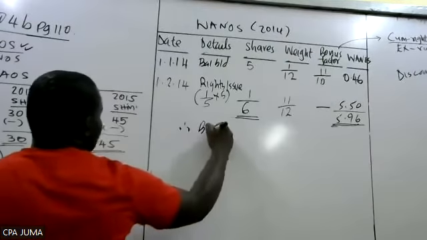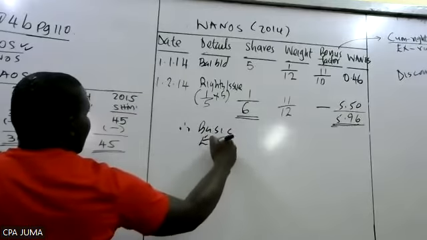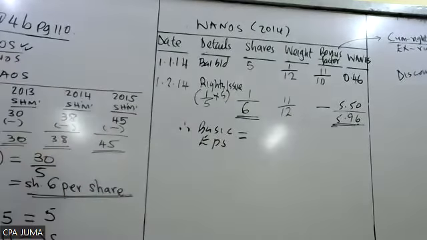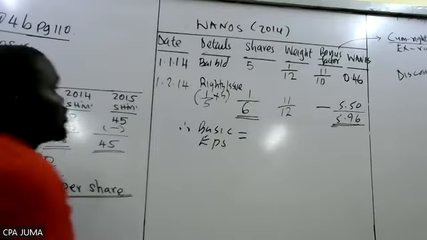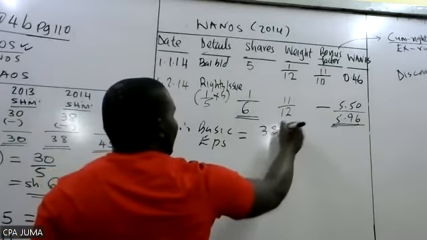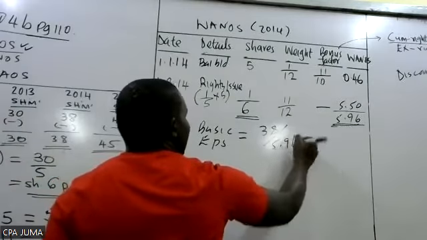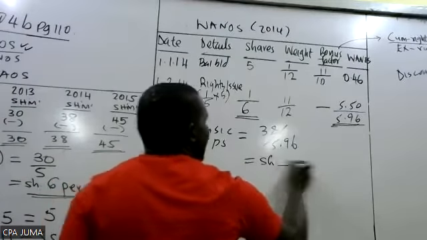Therefore, basic EPS will be, the profit was this one here in 2014, 38. So you take 38, divide by 5.96. You get shillings how much per share?